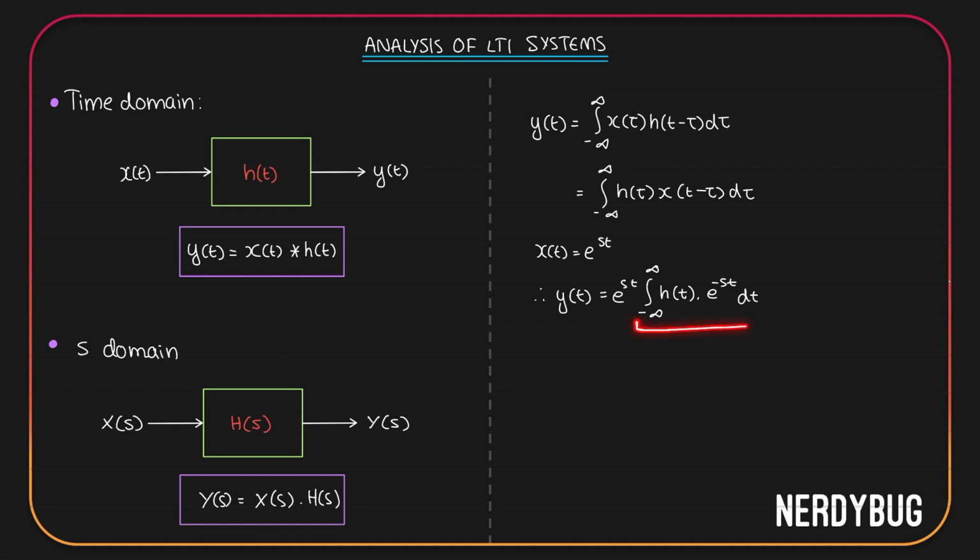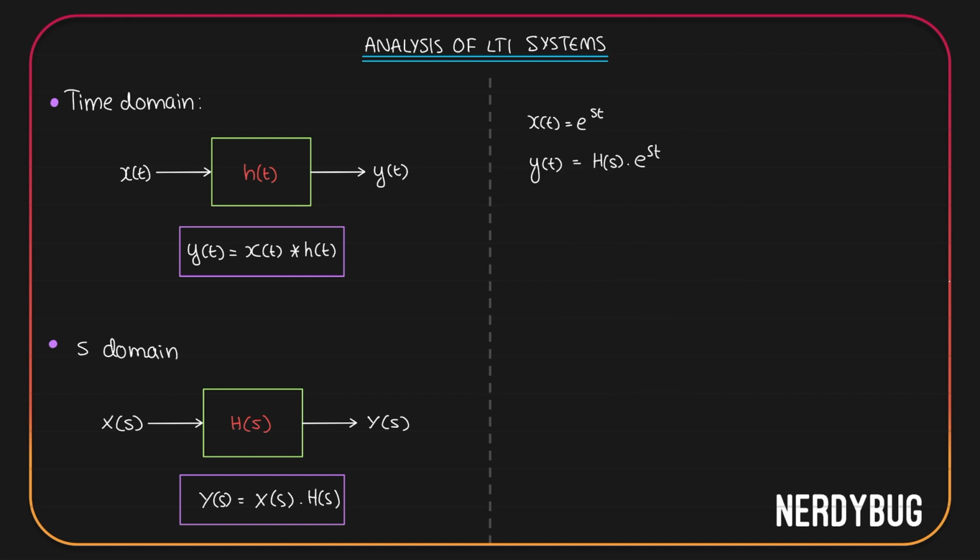So technically what you got over here is integral from minus infinity to infinity h of t e raised to minus st dt, which is nothing but H of s, the Laplace transform of the impulse function h of t. So we can write y of t is equal to e raised to st times H of s, or H of s times e raised to st.